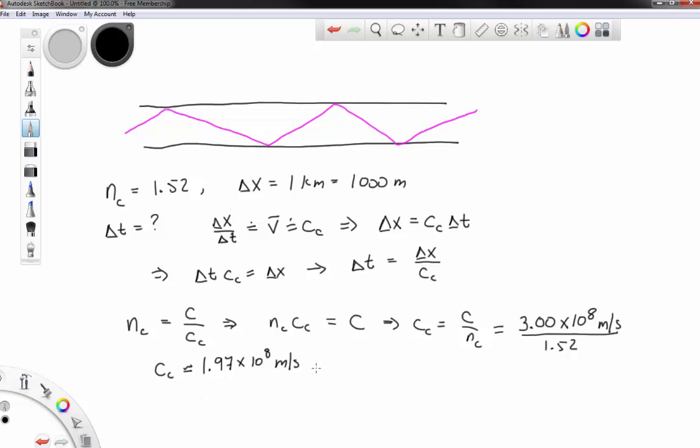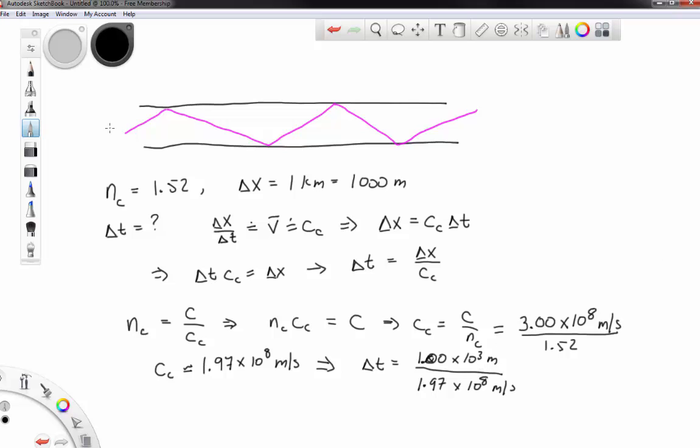So our delta t, therefore, is going to be 1 kilometer or 1,000 meters, which is the same as perhaps writing 1.00 times 10 to the 3rd meters, and we're dividing that by 1.97 times 10 to the 8th meters per second.